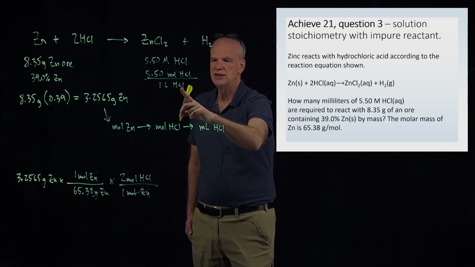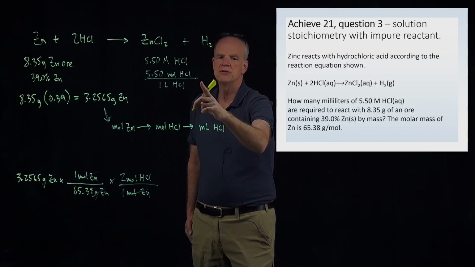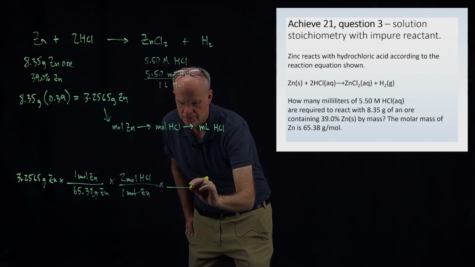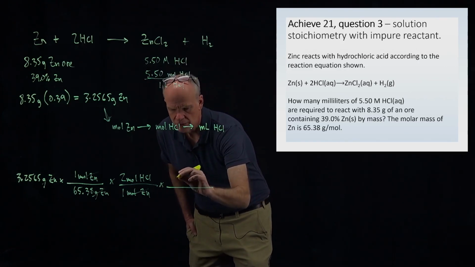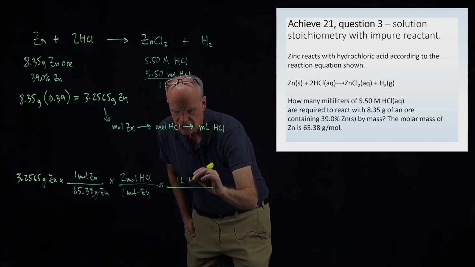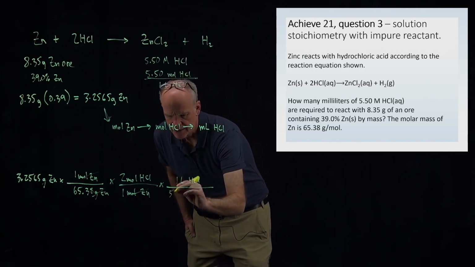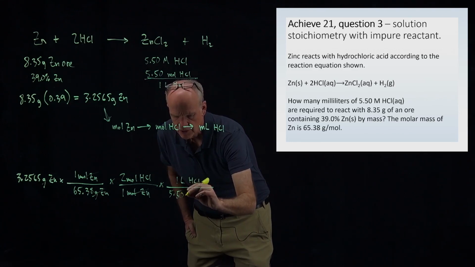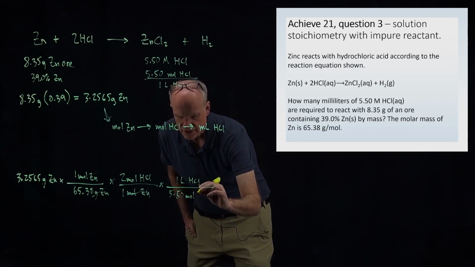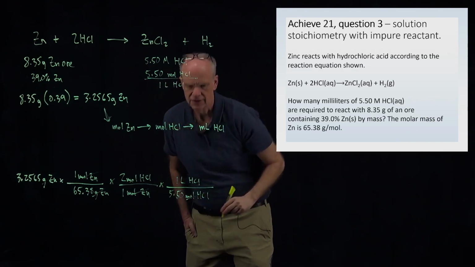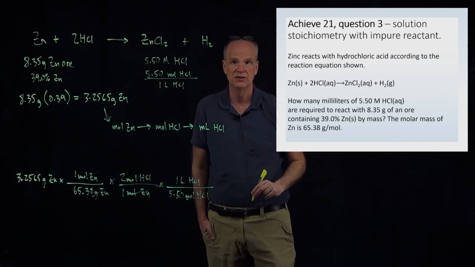So if you look carefully here, we want to take this fraction I'm pointing to and flip it. So we'll do that here: 1 liter HCl over 5.50 mole HCl. Okay, so we're now at liters HCl.